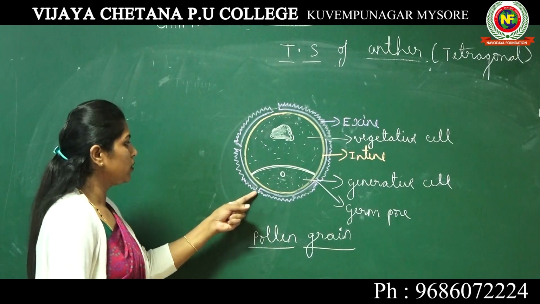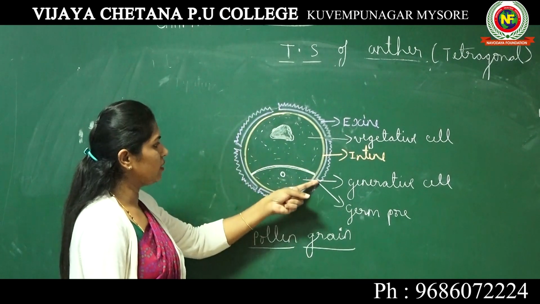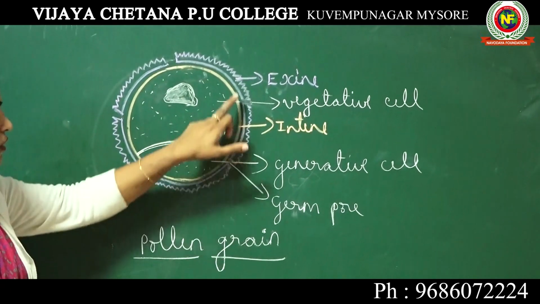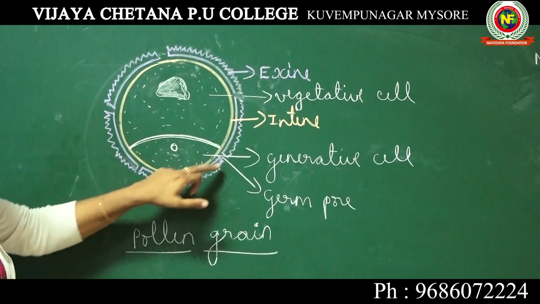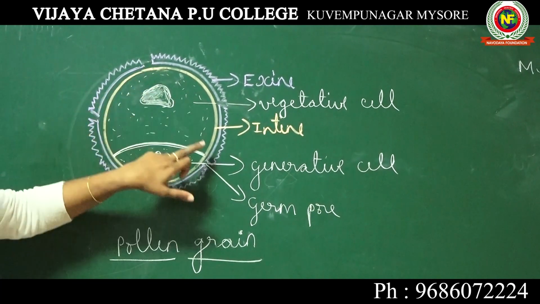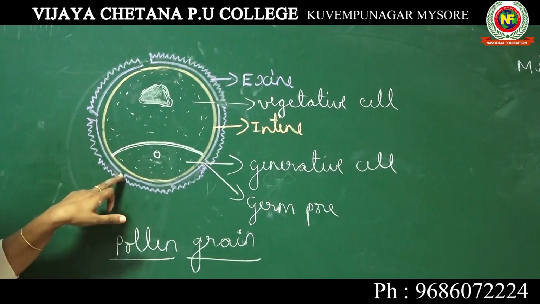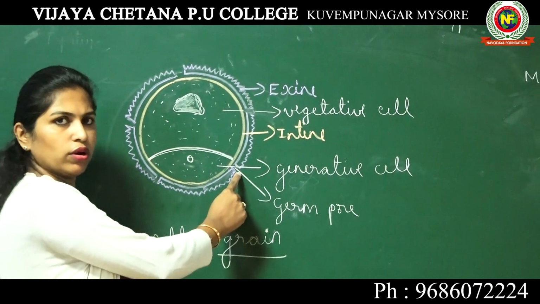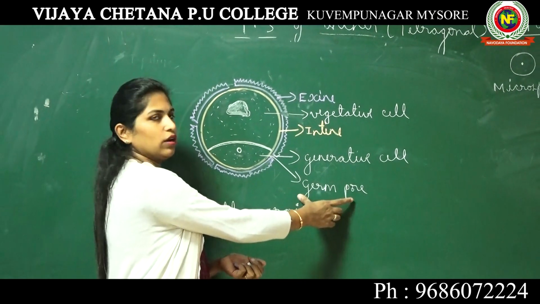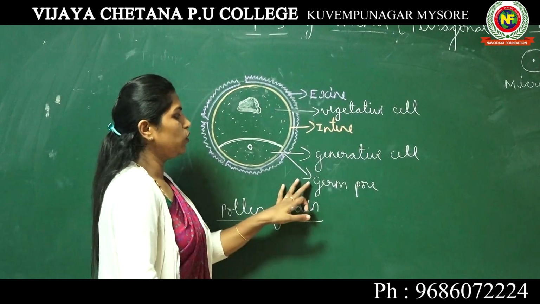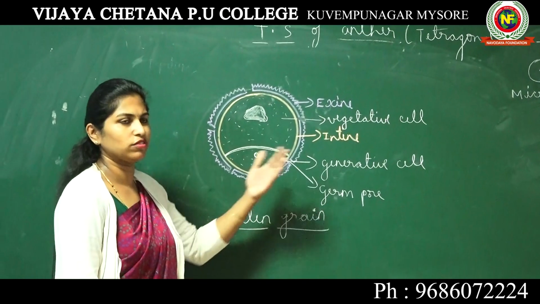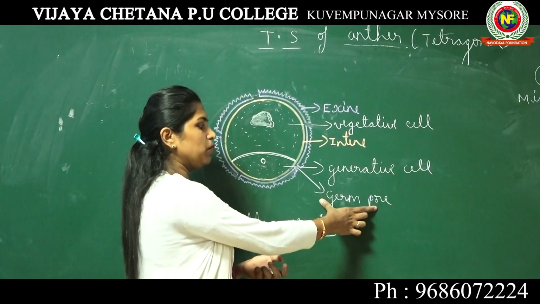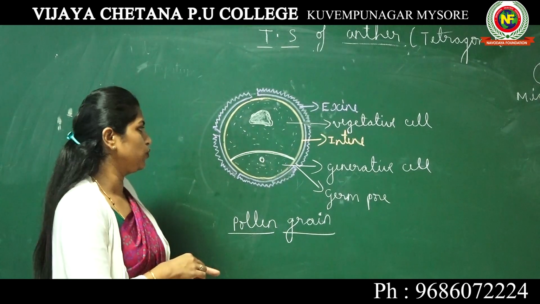These pores are known as germ pores. The intine wall is continuous, there is no pore, whereas the exine wall has intermediate pores in it. Germ pores are very important in the formation of the germ tube. We will look into this structure when we study the process known as pollination. For now, you should know that germ pores are important in the formation of germ tubes.